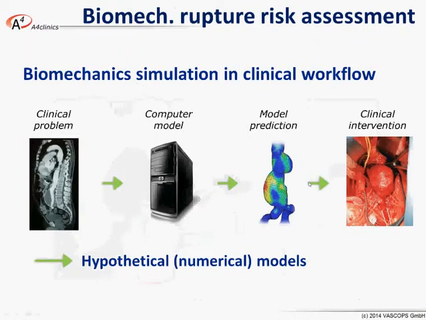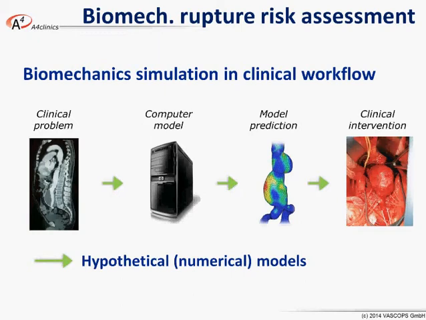Now, in order to make this biomechanical concept applicable in the clinic, it has to be integrated in the clinical workflow. This is indicated here. It starts with the clinical problem, which is our aneurysm. We're going to build the computational model. This computational model will predict stress, because stress is a quantity you cannot measure.